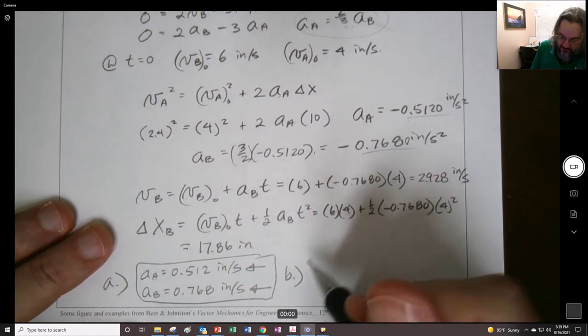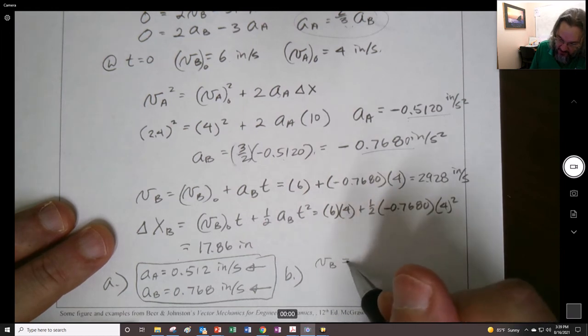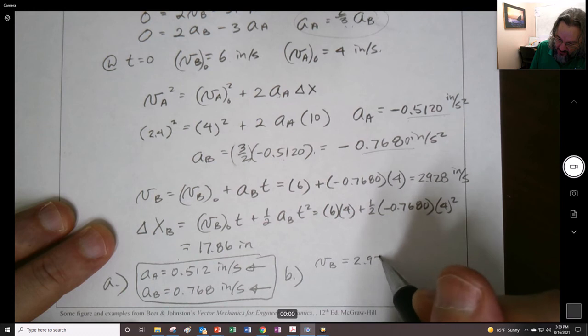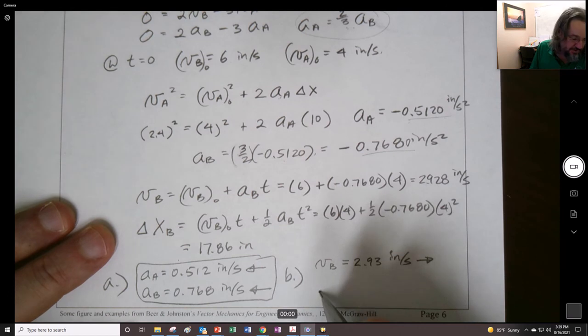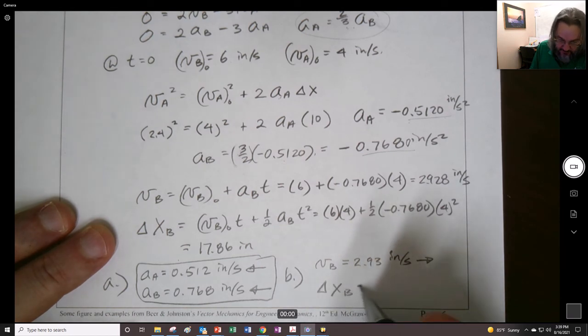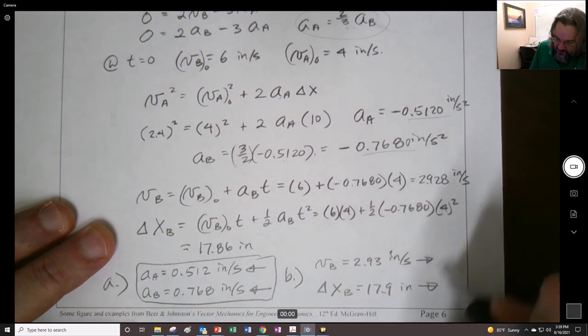And for B, we have velocity of B is going to be 2.93 inches per second, and it's still going that direction, and the change in xB is going to be 17.9 inches in that direction.